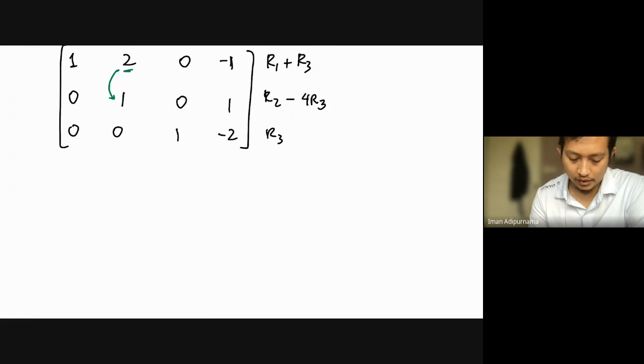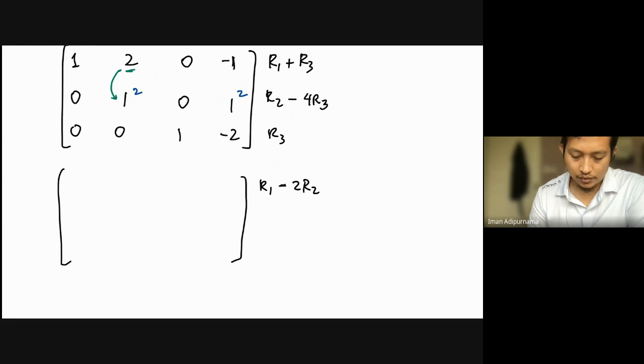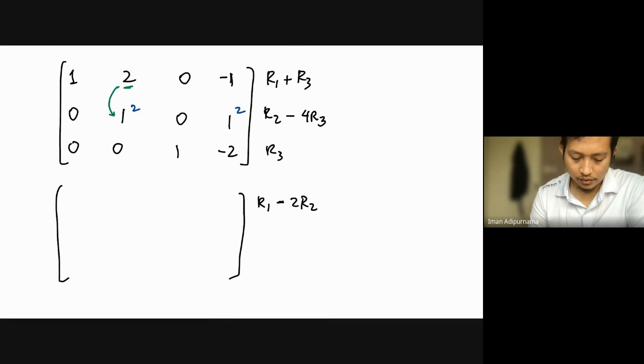Let me write it again. So R1 minus 2 R2. This will be 2. Okay, so 1 minus 0 is 1. 2 minus 2 is 0. 0, 0. Minus 1 minus 2 is minus 3. And the rest will be the same.